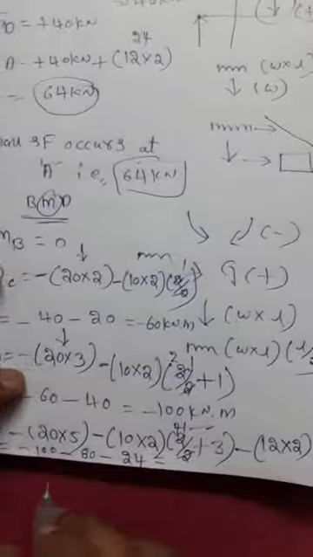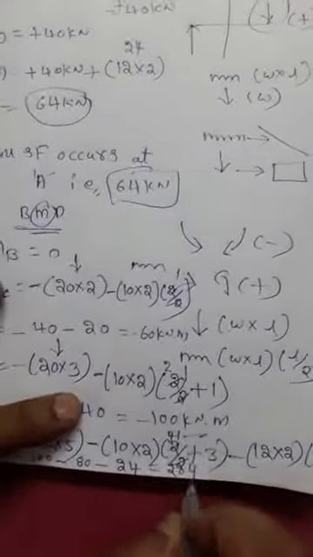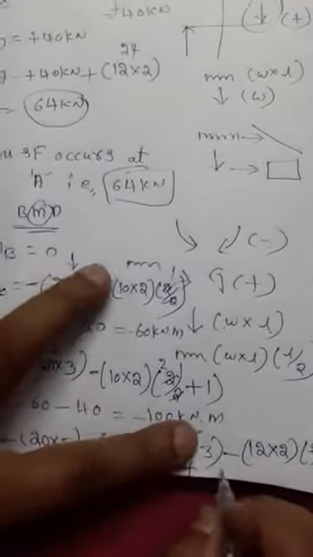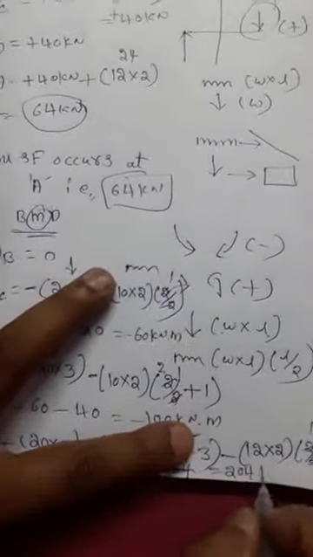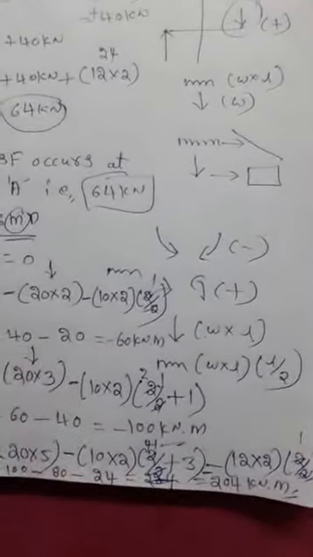So this is nothing but 100, 180, 204. 204 kilonewton into meter is the answer. Minus 204 kilonewton into meter also is the answer. So on A, MA equal to minus 204 kilonewton into meter.